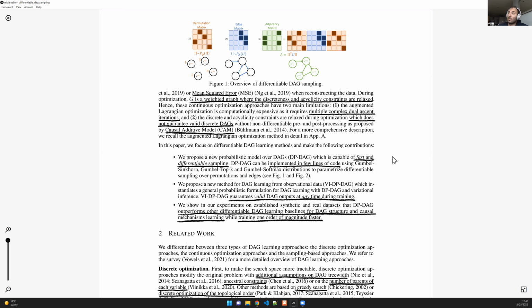And actually, there was one thing I wanted to discuss, but we'll go to it later when we look at the details. But making the problem differentiable is one of the main contributions here, and as a result, we end up with a DAG sampling algorithm that performs almost consistently better than state of the art.